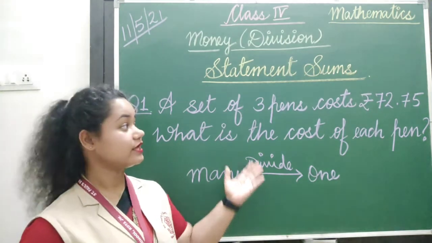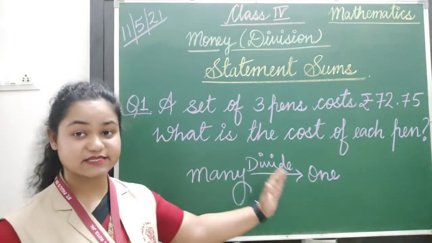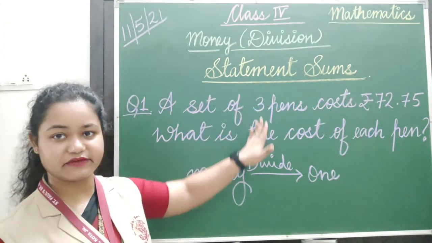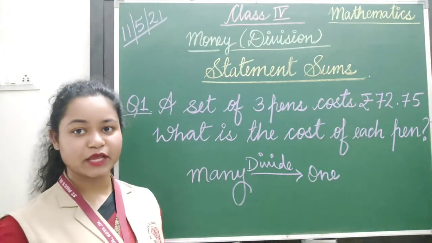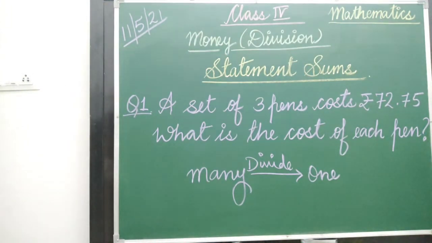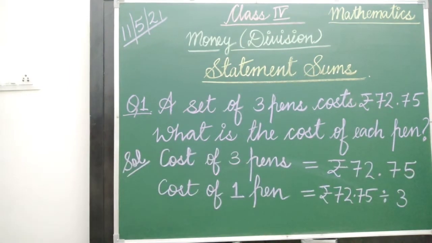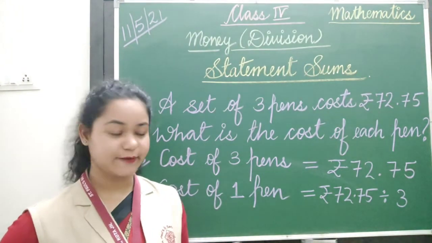Let's start doing. Since these are statement sums, we have to write the statement according to the question given here, and then we will solve it. Okay. So you all copy down the question. Now let's see how to form the statements. Okay.